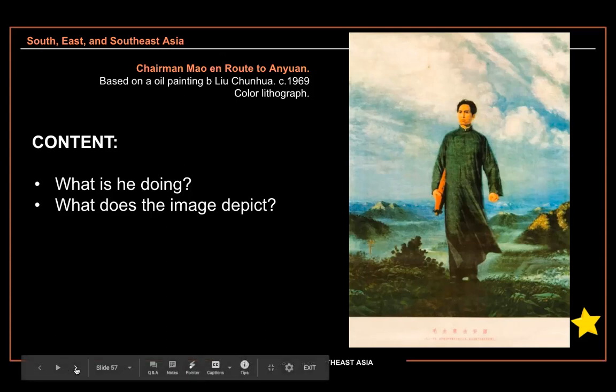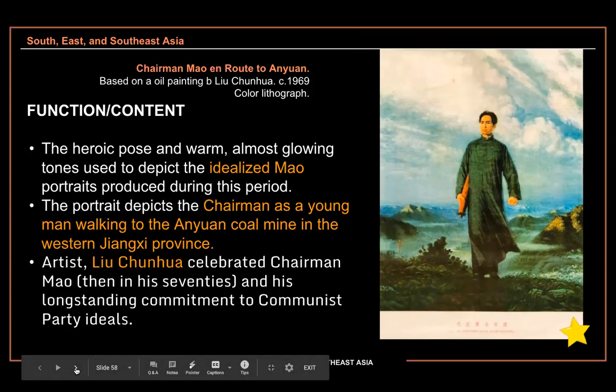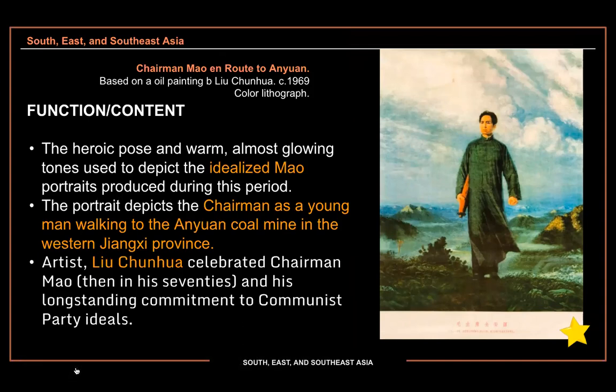And so what he is doing is, this is one of a series of idolized images of Mao. This is depicting when he was younger, when he walked to Anyuan to help assist a strike for workers at a coal mine.